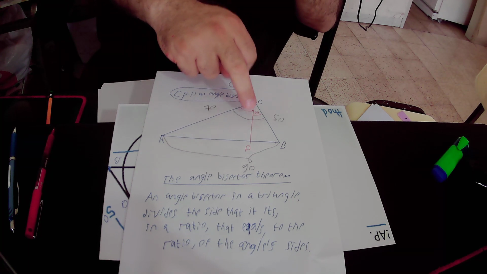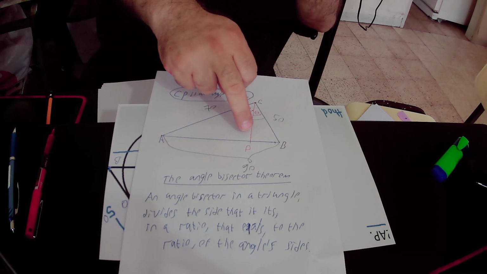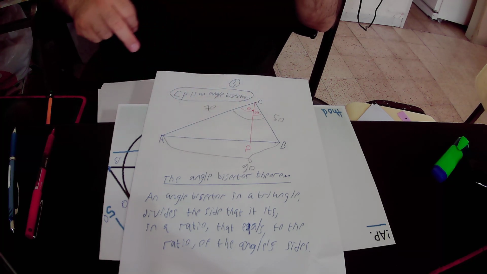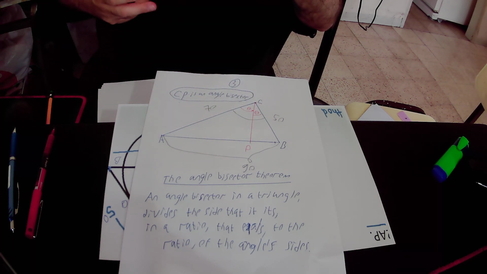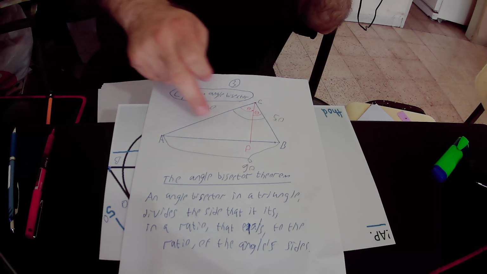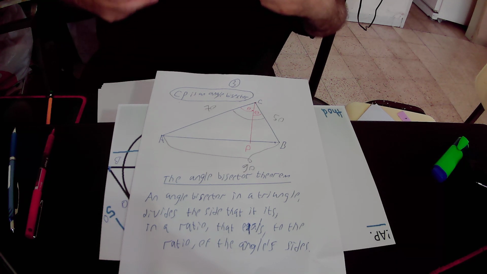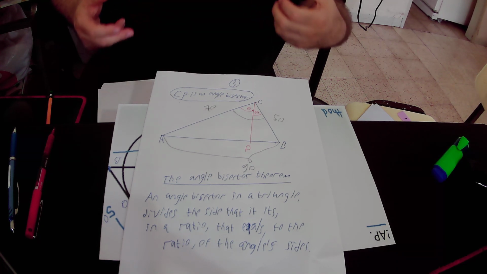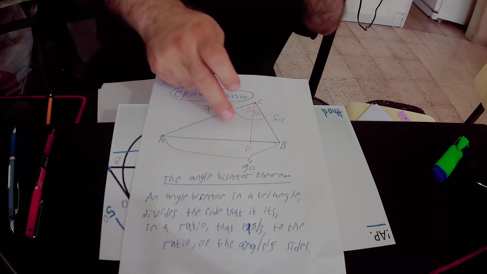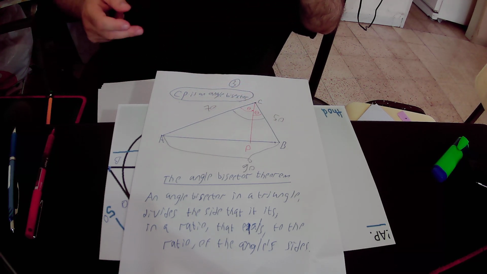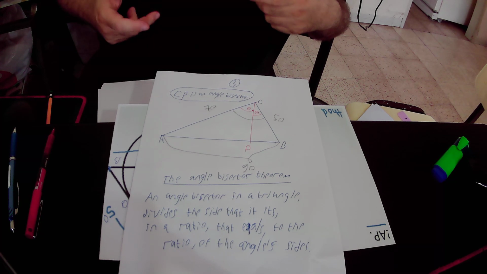CP, the angle bisector, eats side AB of the triangle, and it divides it into two parts, AP and PB. And the ratio between those two parts, that is to say AP over PB, equals the ratio of the angle's sides.